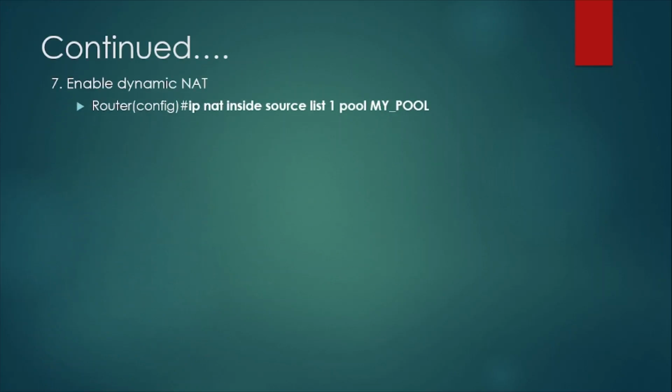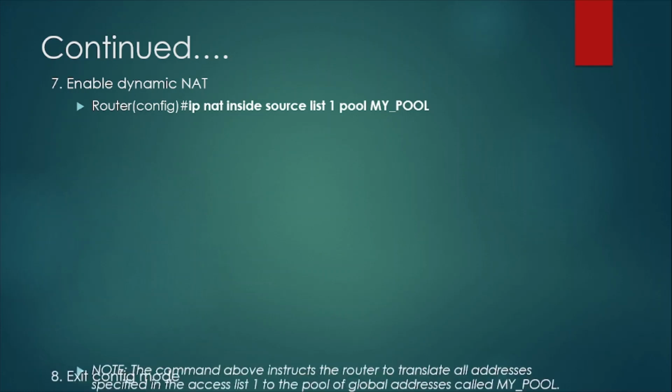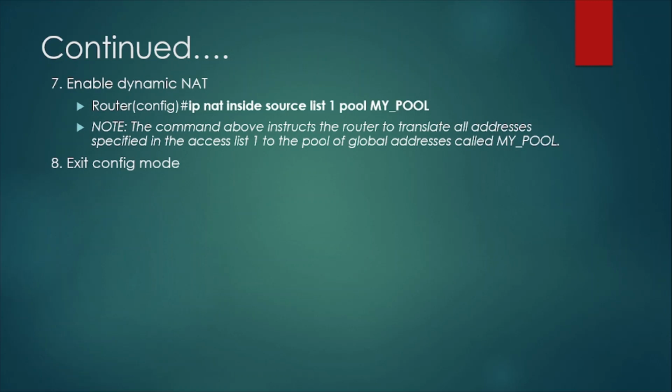So enable dynamic NAT configuration. This is an IP NAT inside source list 1, as we have stated on the IP access control list above, and with the pool of my pool. So after that, the command above instructs the router to translate all the addresses specified in the access list 1 to the pool of global addresses collected in my pool.